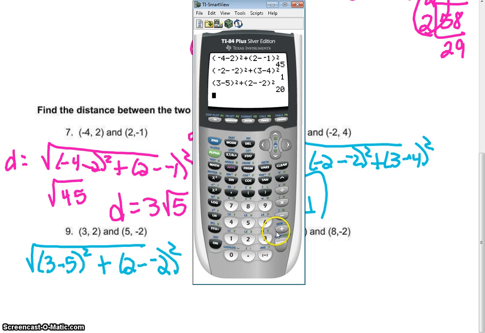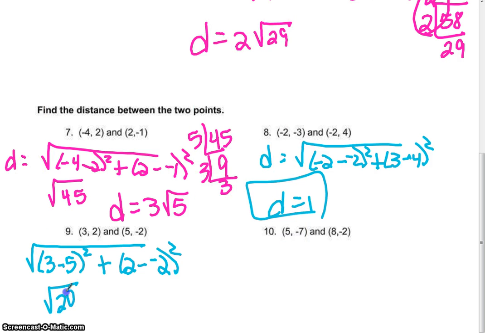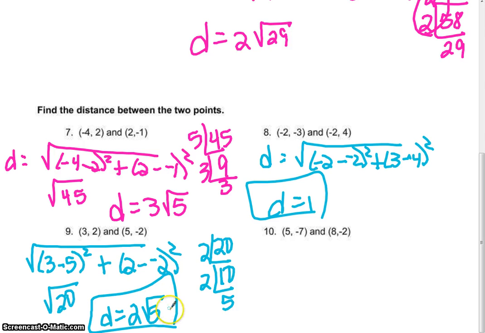And you get 20. So it's the square root of 20, but we need to come over here and see if we can pull anything out. 2 will go into it 10, 2 will go into it 5, so it's actually 2 square root of 5. Remember, it's not plus or minus because we're talking distance here.